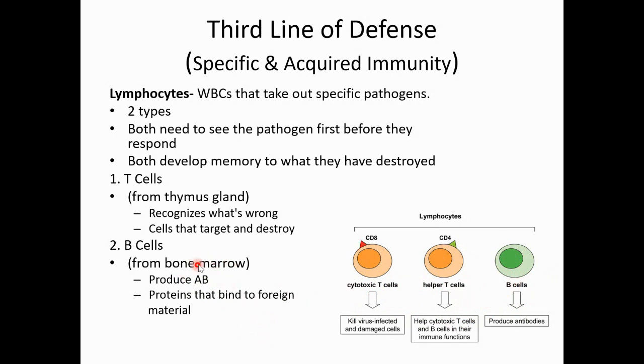B cells are made in the bone marrow and produce antibodies, which are proteins that bind to foreign material. We're going to talk about these CD molecules right here. These are surface molecules expressed on immune cells, the most common being CD8 and CD4, and they play a role in communicating.